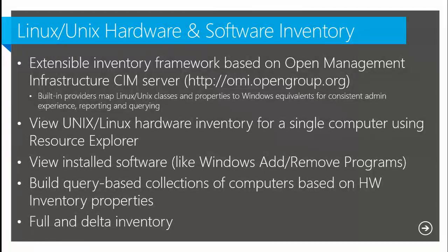And as with our Windows clients, we also will do both full and delta inventory for all these clients. So once we've taken an initial full inventory, then we only are going to identify what's changed from one inventory cycle to the next and only report up that delta, thereby saving as much network bandwidth and communication between client and server as possible.